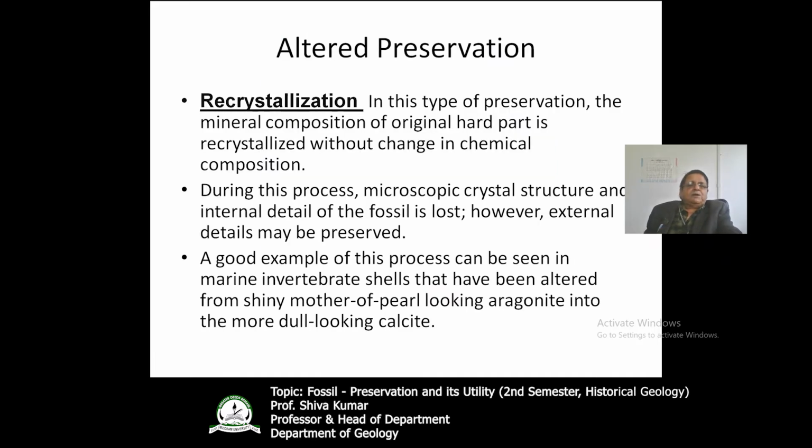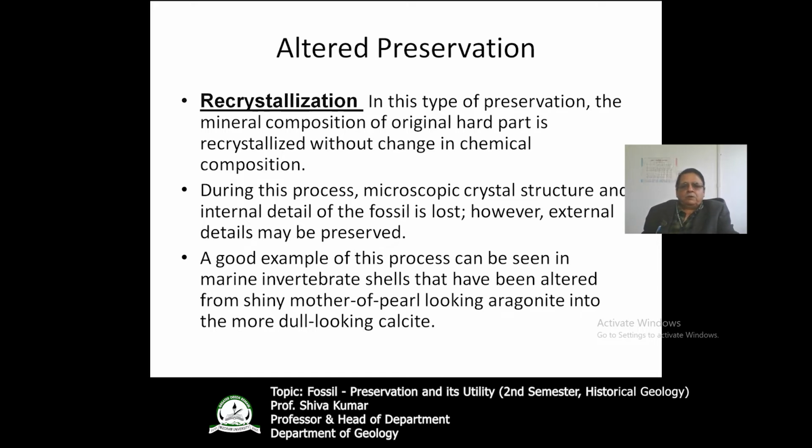Now altered preservation means the original composition of the hard parts is changed. First, recrystallization. In this type of preservation, the mineral composition of the original hard part is recrystallized without change in the chemical composition. Means if it is calcium carbonate, then it will remain calcium carbonate, but it will be recrystallized.